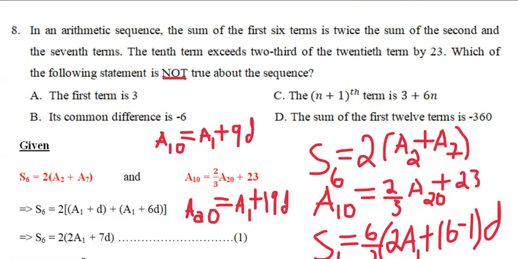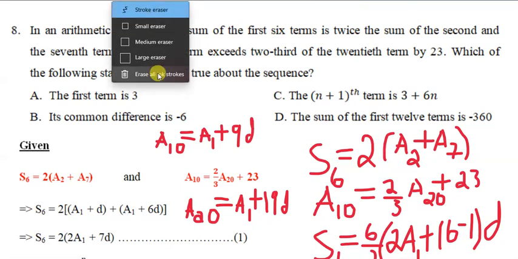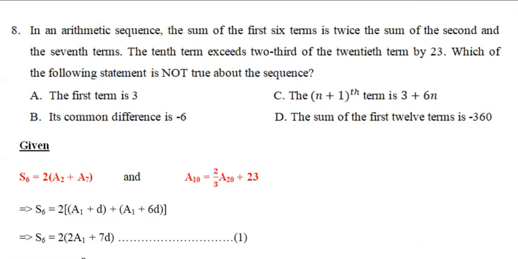Now let us clean this area, please, and let us write. What does this mean? What is the n plus 1st term in an arithmetic sequence? We know that the nth term an of an arithmetic sequence is given by, as we have already seen in the definition of an arithmetic sequence, a1 plus n minus 1 times the common difference d.